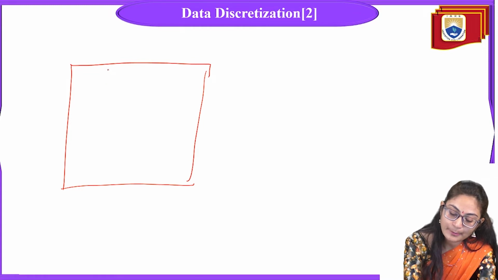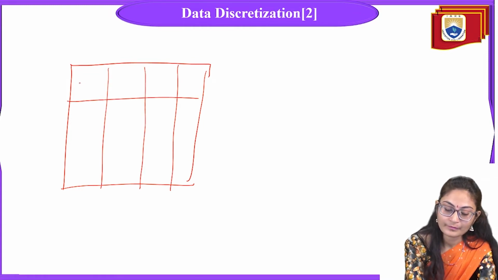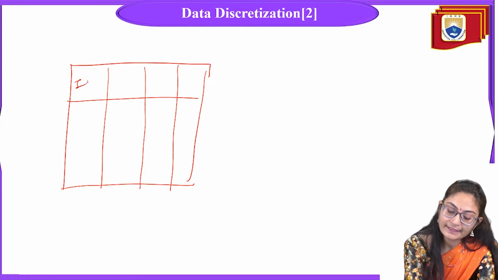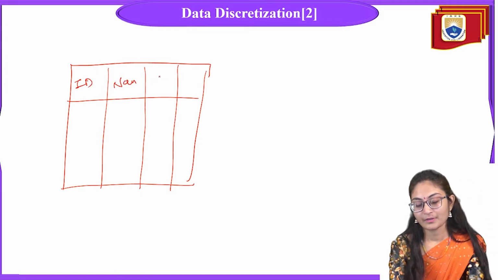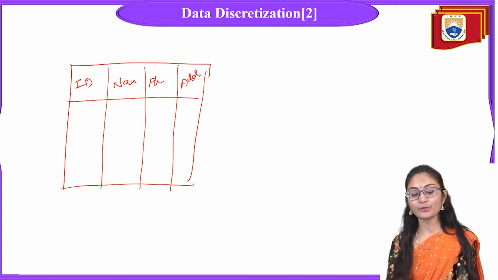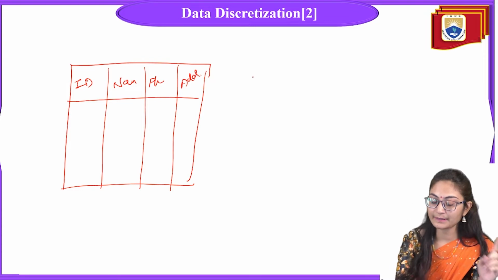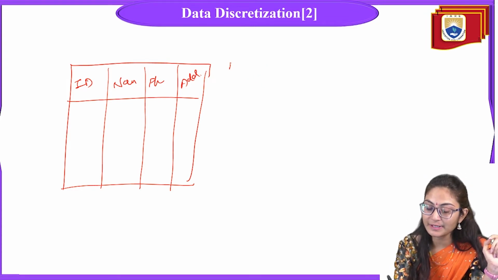Now this is our table: ID, name, phone number and address. But before going to this example, I will again repeat the data discretization technique.